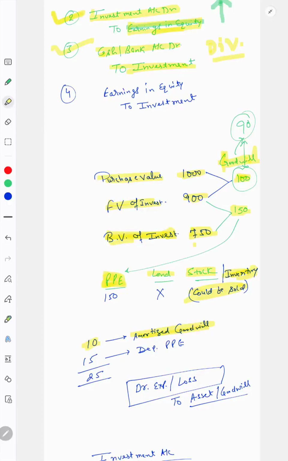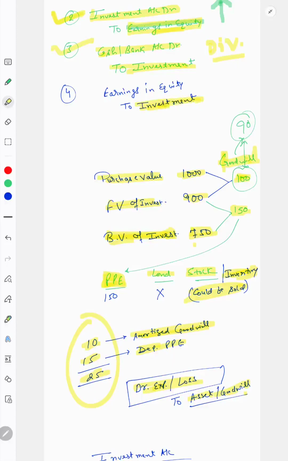Okay, and the depreciation here is 15. The total value here comes to 25, which we can say is an expense or a loss. How will we record this in our books? The expense or loss is debited, and credit to what? Asset or goodwill. Understand? So how will we pass this entry in our equity method? Since we do not have asset or goodwill separately, we'll credit the investment.